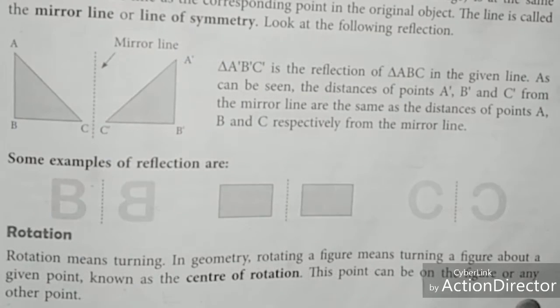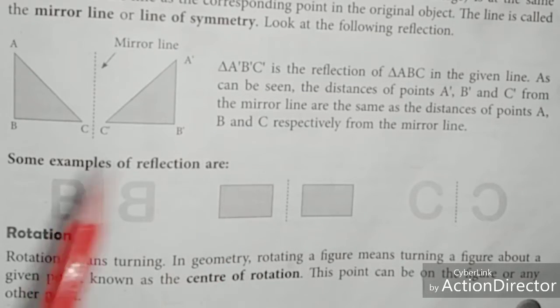Now students, if you stand in front of a mirror, the mirror image is the reverse image of yours. Right becomes left and left becomes right in a mirror image. Like, for example, this is a triangle ABC.